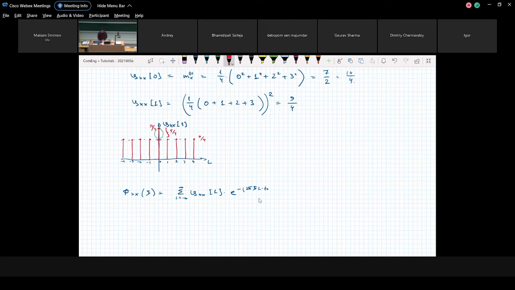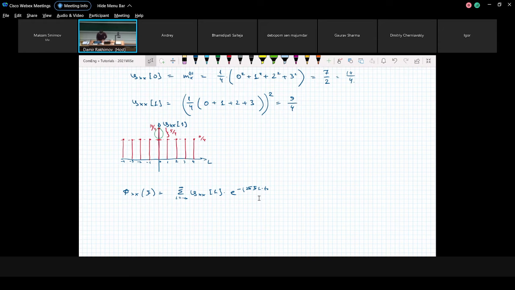Actually, this is a kind of constant in continuous time. In continuous time you would have a constant, but then you sample it and you get just a sequence of samples. What happens if you calculate the Fourier transform of a constant? You get a delta pulse.